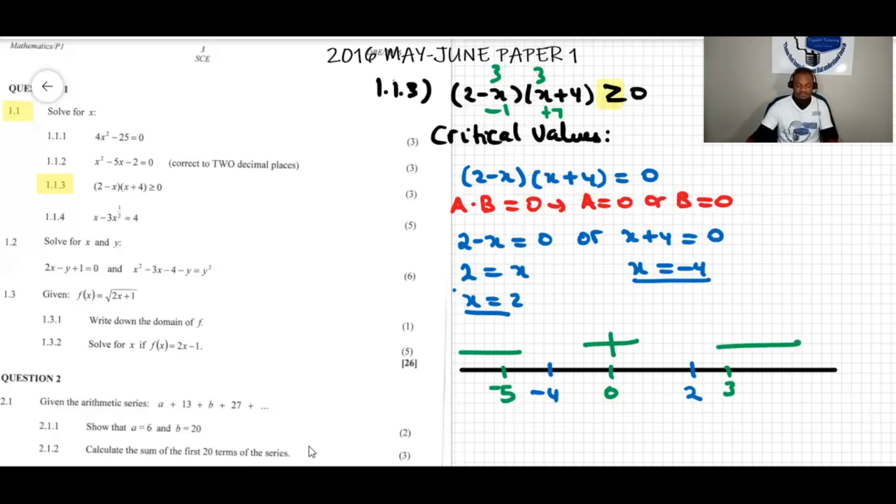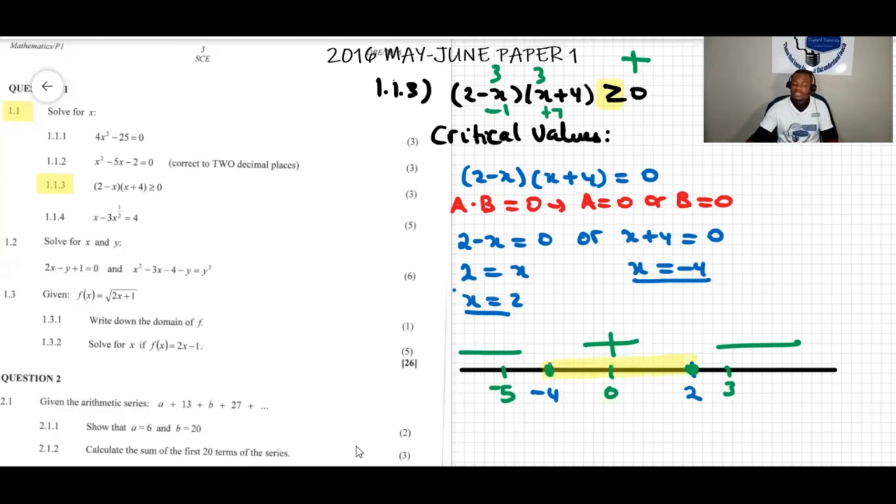Now we want the solution where it is greater than or equal to 0. Greater than or equal to 0 means 0 and the positive solution. Because we have greater than or equal, we have bold circles there and there also. So our solution is in the interval from -4 to 2.